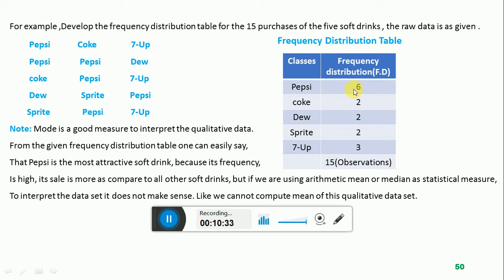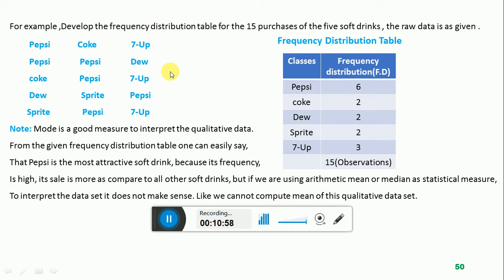It means the sale of Pepsi is more. It means the people like Pepsi more. Pepsi is the most attractive soft drink. Its sale is more. So that is why we can say that the most frequent data item of this raw data set is Pepsi, because the frequency of Pepsi is 6.